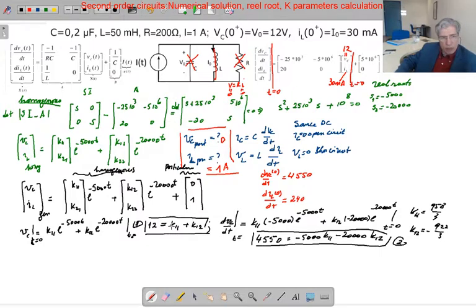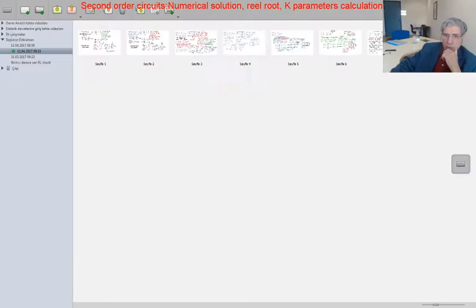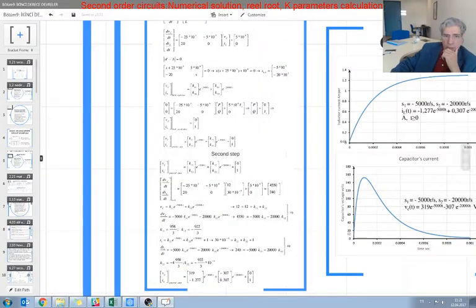So what we have done here for the capacitor, you're going to repeat it for IL. I'm not going to do it, you'll do it. And then what you're going to observe is this.